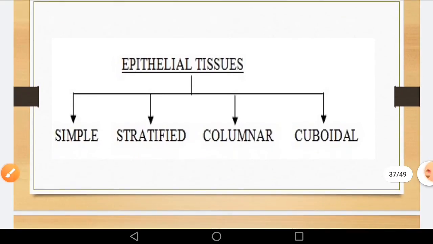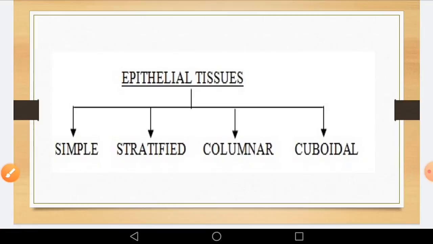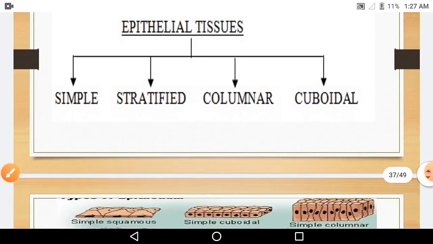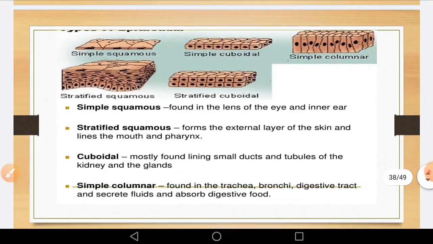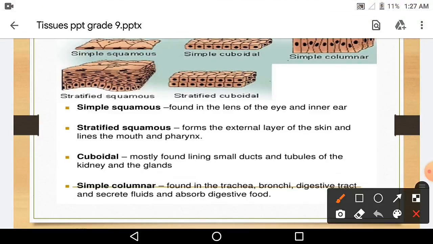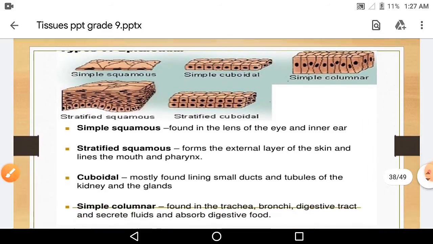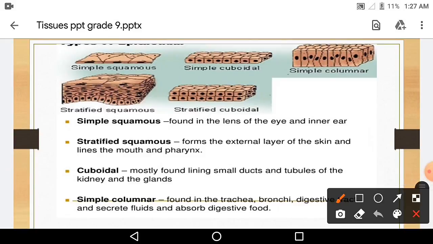Okay, so here are the different types of epithelial cells. They are simple, stratified, columnar, cuboidal, depending on the shape. Now let us see how they are. See here, simple squamous. Can you see the figure? Simple squamous is found in the lens of the eyes and inner ear, a thin sheet of cells.